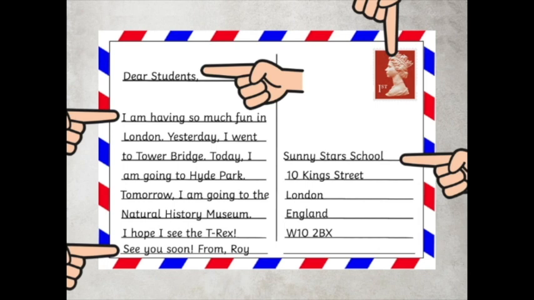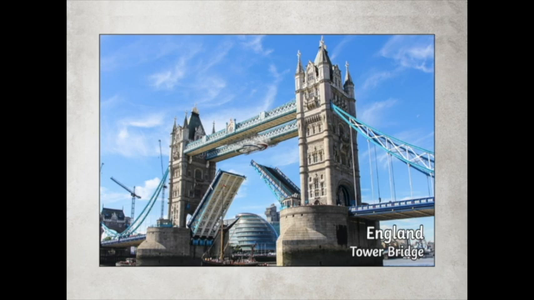I started with a greeting. I wrote an opening sentence. I wrote about the things I have done and the things I'm going to be doing on my holiday. And I used a closing statement. Very good. The postcard is ready. Here is the front of the postcard. It's a nice picture of Tower Bridge, which is in London, England.